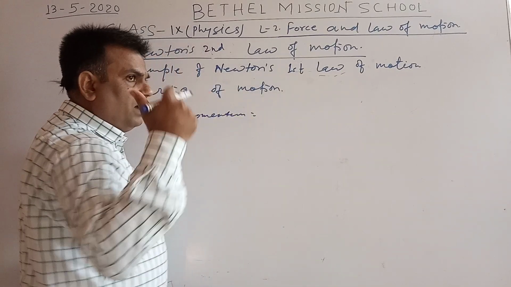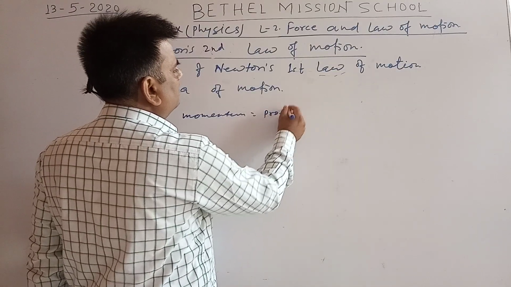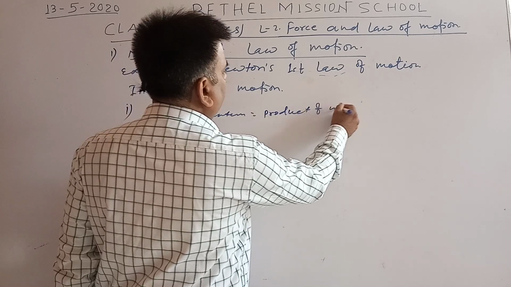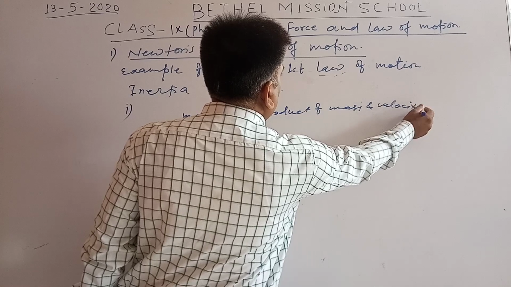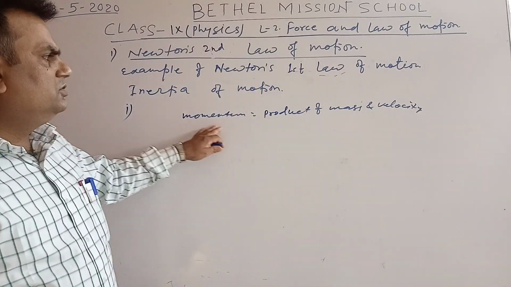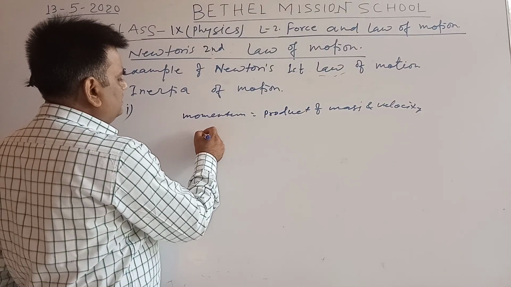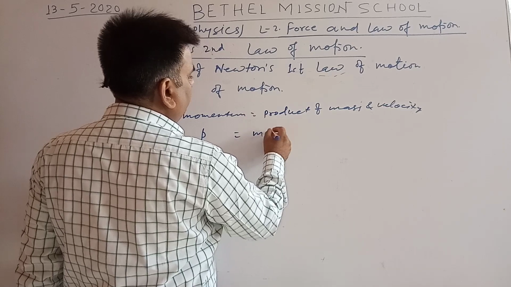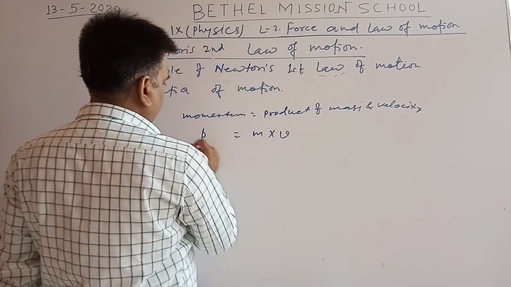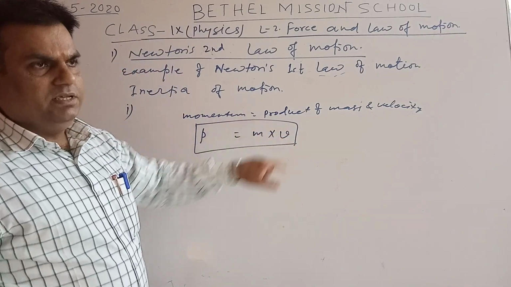the product of mass and velocity. The product of mass and velocity of the object is known as the momentum, and we denote momentum by P. The mass is m and velocity is v. So P equals m into v.